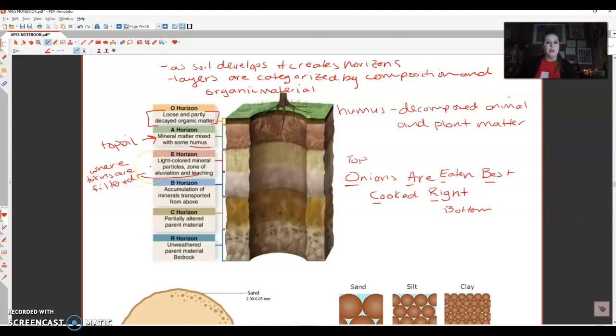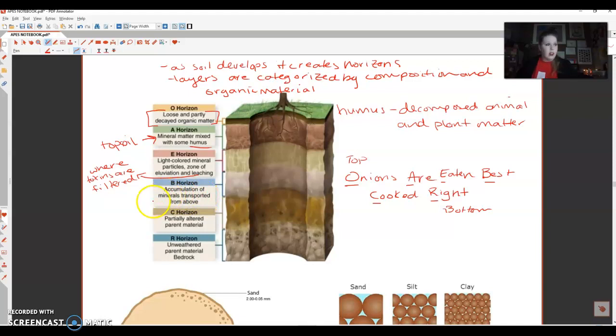So I told you guys that soil does a really good job of filtering water. So the E horizon is specifically where it filters out toxins, so it does not get into our groundwater. All right. The B horizon is accumulation of minerals transported from above.